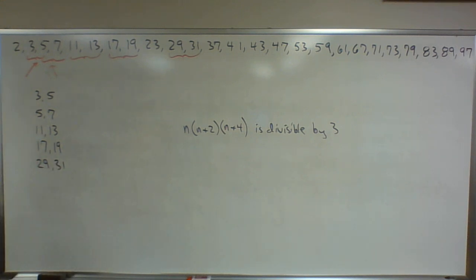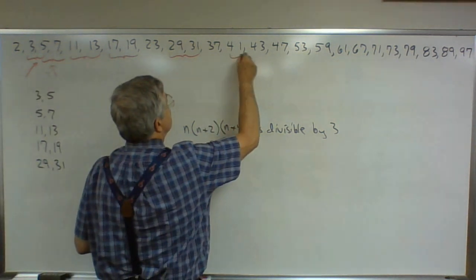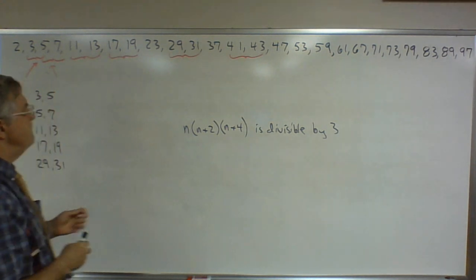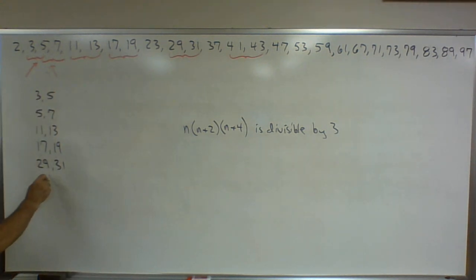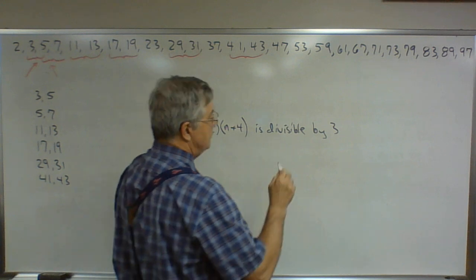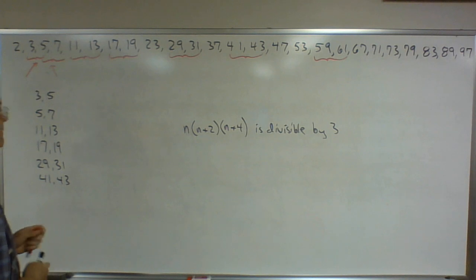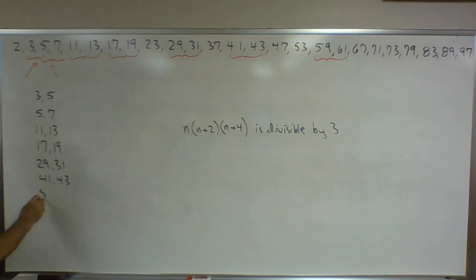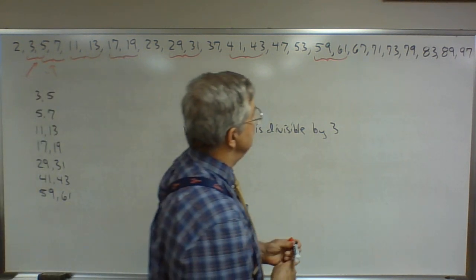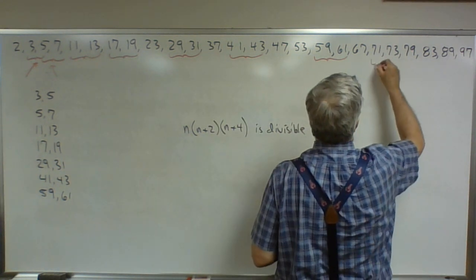Is it going to happen anymore? Let's see, 37, 41, 43. 2 consecutive odd numbers, both of which are prime. 47, 53, 59, 61. 2 consecutive odd numbers that are both prime. 67, 71, 73.